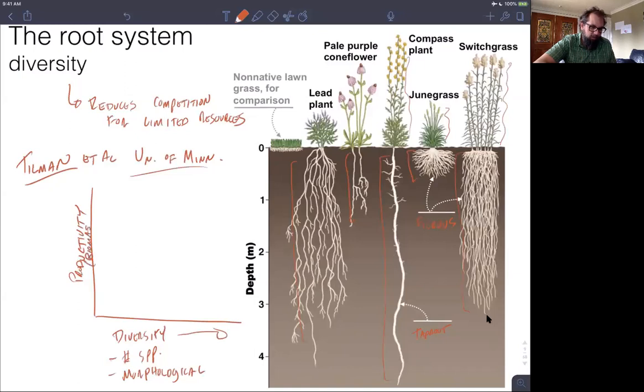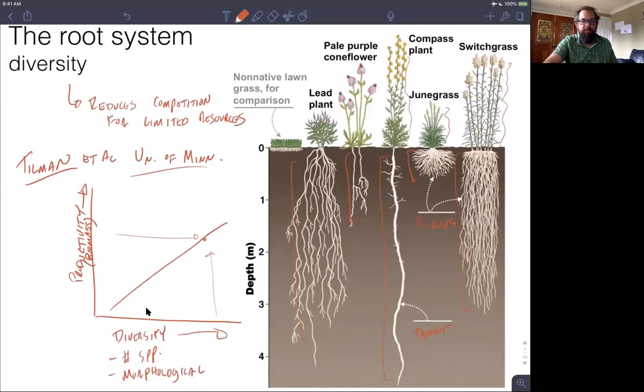And so what we see is that there's a pretty clear linear relationship: as diversity increases, productivity increases. This is a direct result of this example that I've shown you here, that by reducing the competition for those limited resources, we're actually able to exploit the limited resources more fully in that environment.